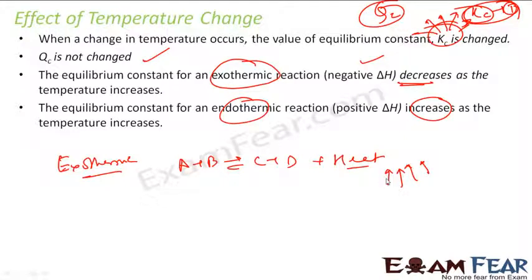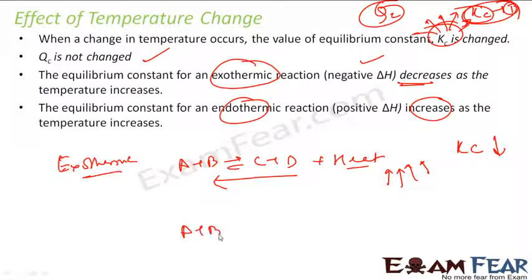So I am increasing the temperature, and the reaction moves to decrease it. To decrease the temperature, the reaction has to go in this direction. In that case, Kc has to decrease. Because if Kc is increasing, you are saying the reaction is going more forward. If Kc is decreasing, you are saying the reaction is going more backward.